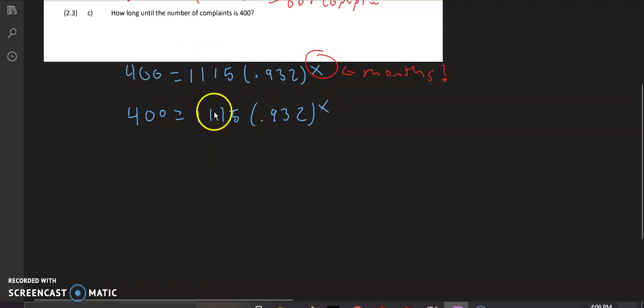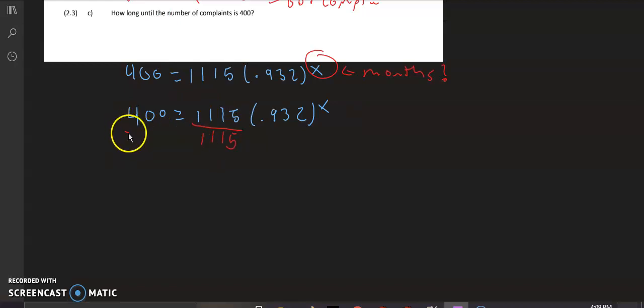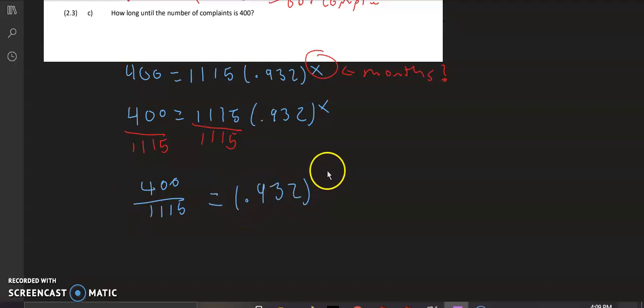So the first step we gotta do is simplify as much as possible, which is dividing it like this. Divide the 1115, and after that we get 400 to the 1115 is equal to the 0.932 x. Now what do we have to do?